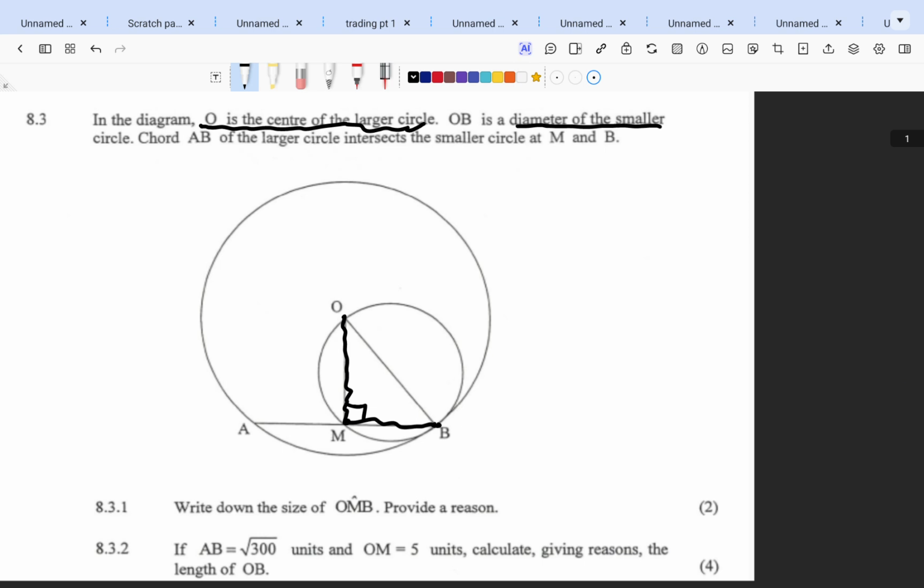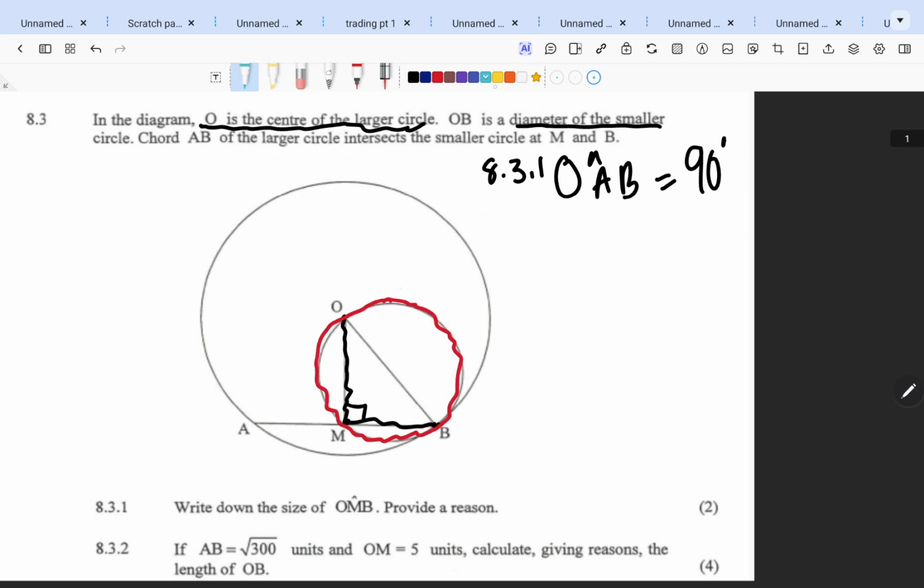Okay, so obviously the size of angle OMB, this is 8.3.1. So angle OMB will be equal to obviously 90 degrees. Why? Let us look at this little baby circle. In this circle, you can see that we have our diameter, right? This is going to be our diameter. And the angle which is subtended by the diameter, subtend is more of like stretched.